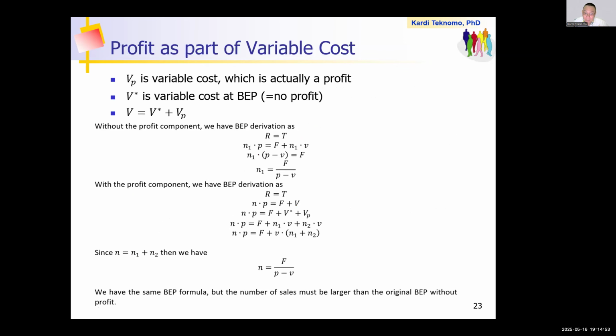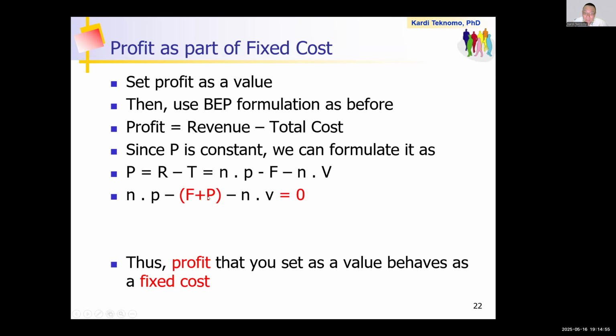If you think of this profit as a fixed cost, say for example this is your own business, and you put your profit as a fixed cost, that means you pay yourself. Every time you pay yourself a regular amount like a salary, that profit becomes a fixed cost.